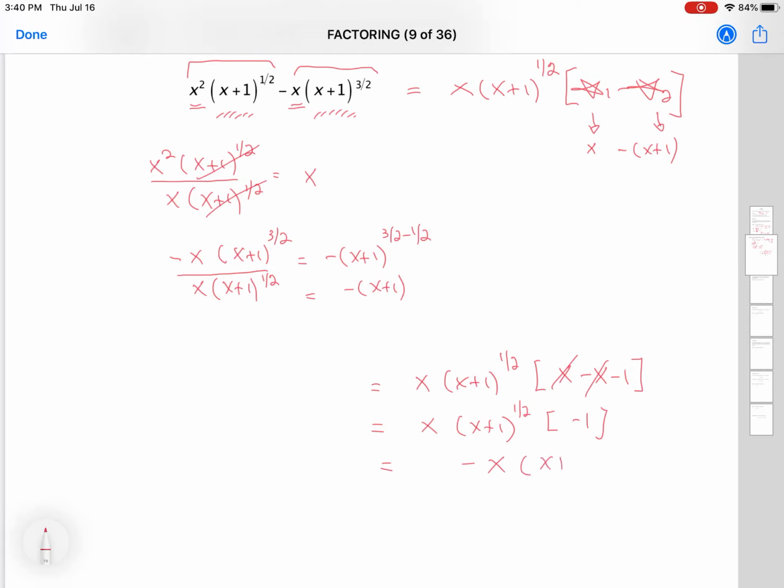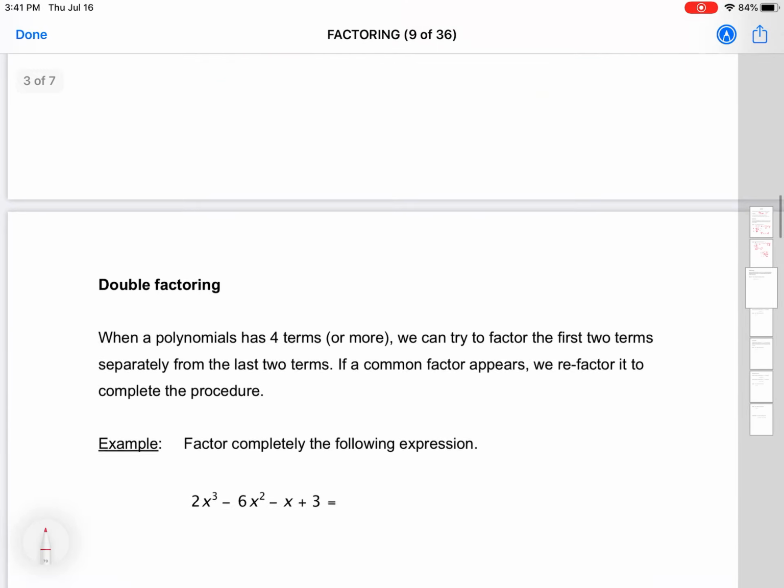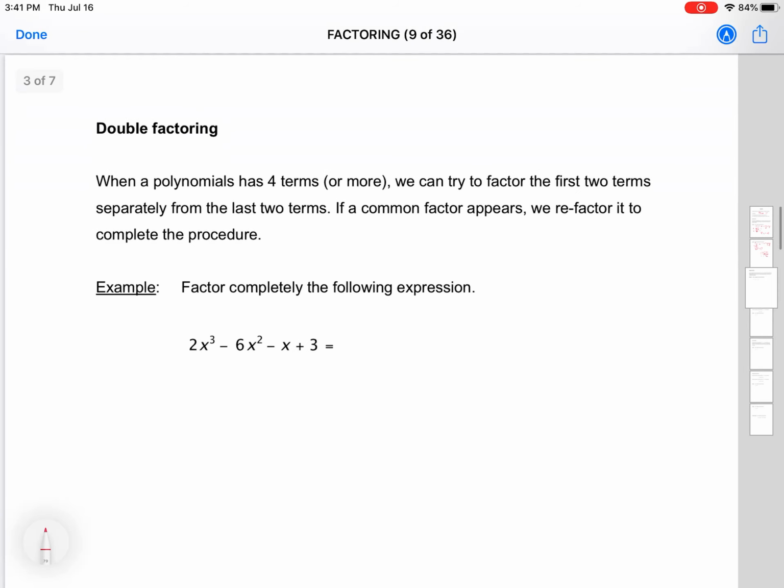And here's one way to write the answer: minus x times x plus 1 to the 1/2. And here's another way to write the same answer: minus x root of x plus 1. Both are considered full marks. So that's simple factoring for you.